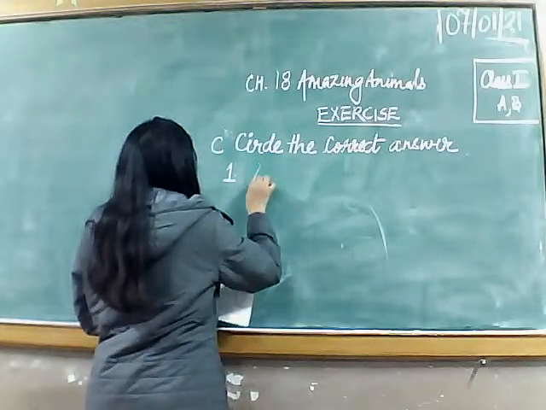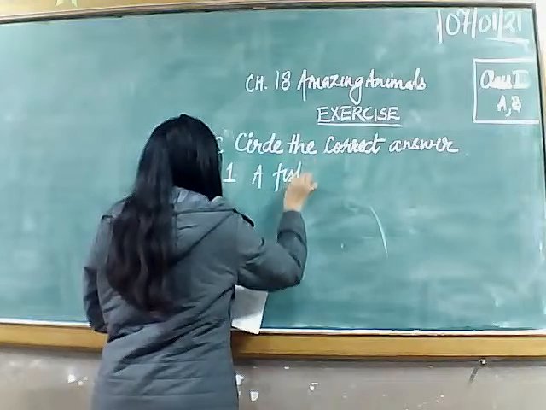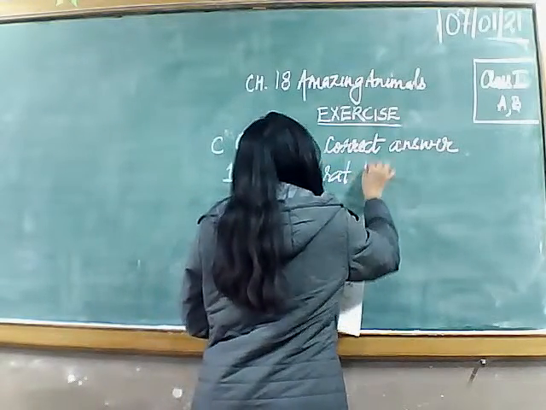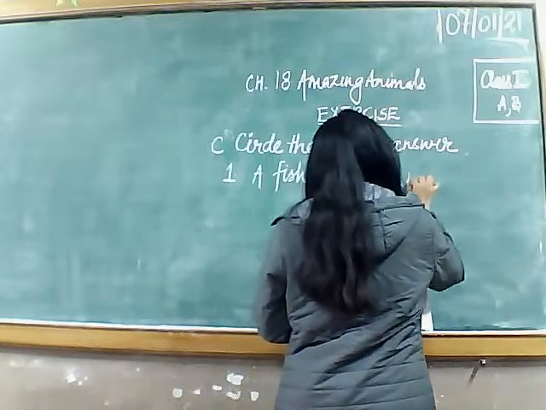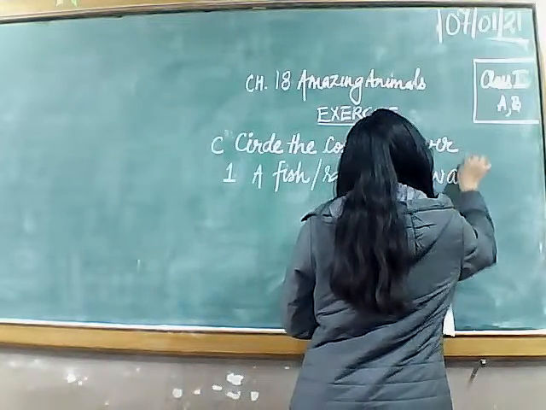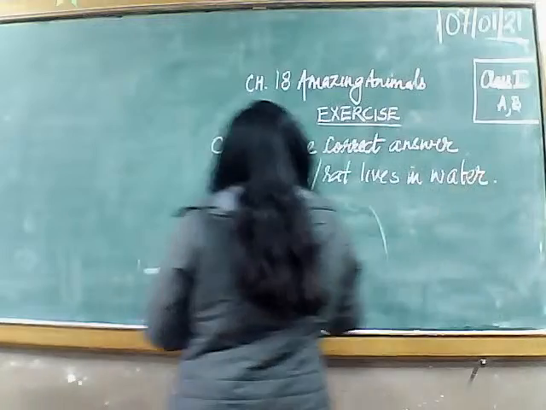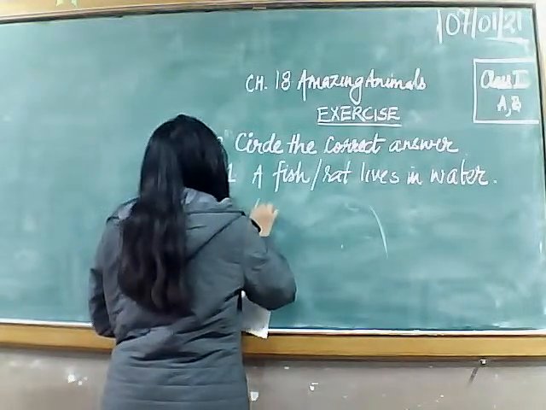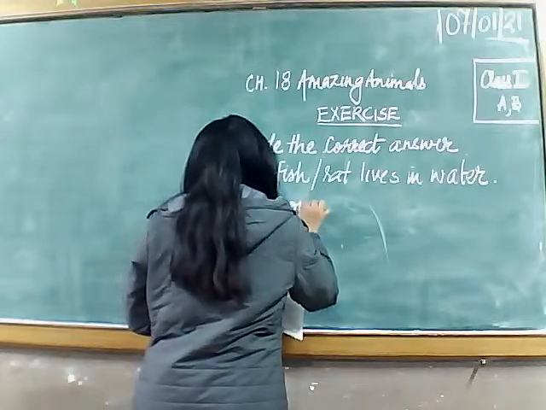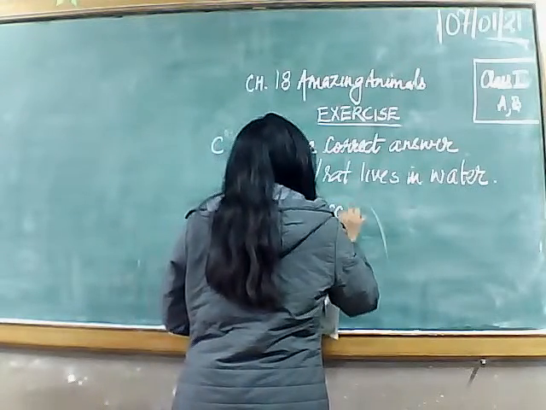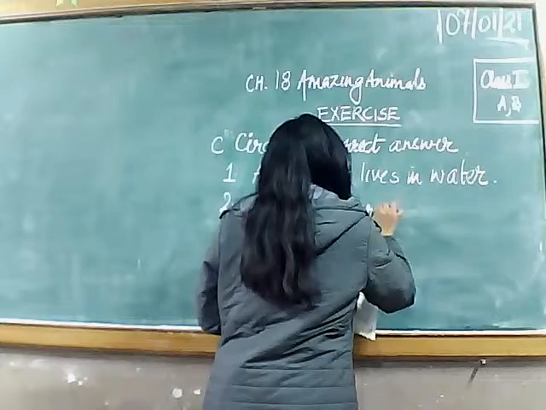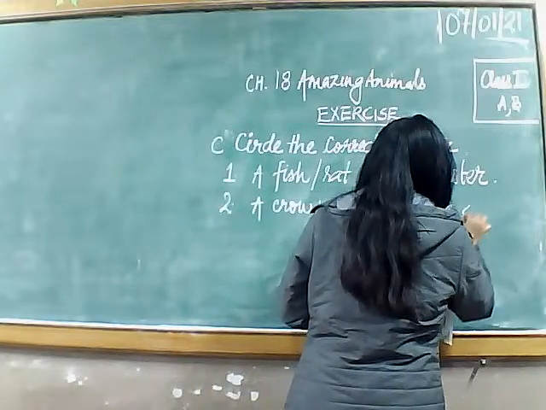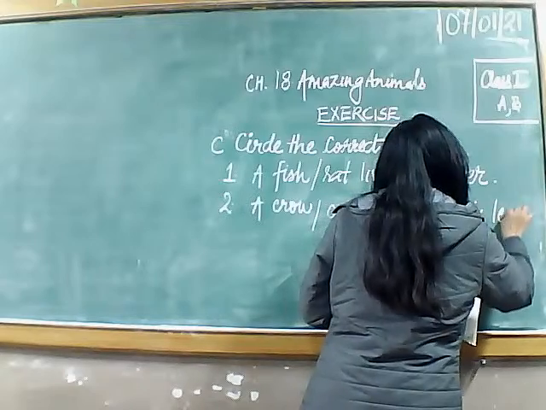A fish or rat lives in water. Children, I will write the questions first and then we'll be discussing them. A crow or cockroach has 6 legs.